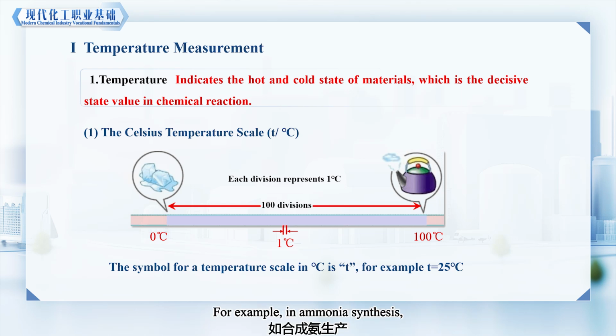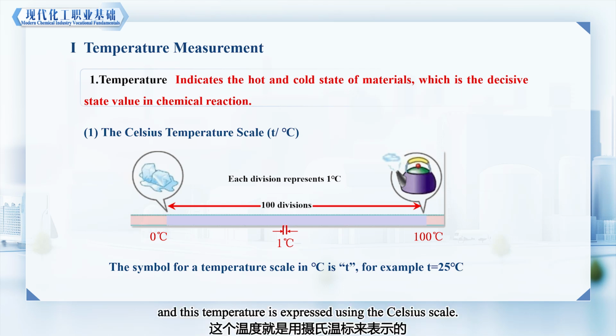For example, in ammonia synthesis, the reaction temperature inside the synthesis tower is typically controlled at around 400 to 500 degrees Celsius, and this temperature is expressed using the Celsius scale.